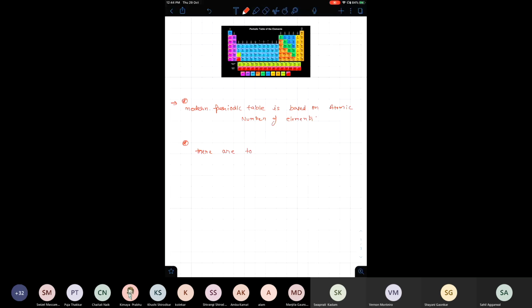There are a total of 118 elements in it. Others are yet to be discovered.